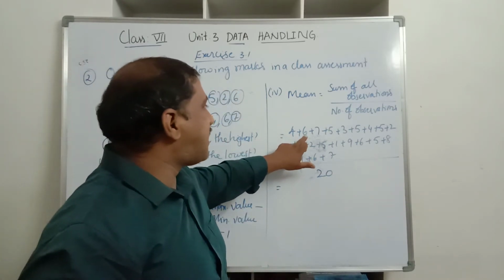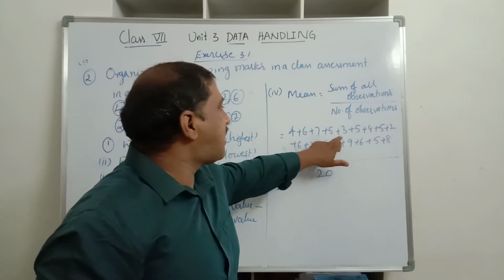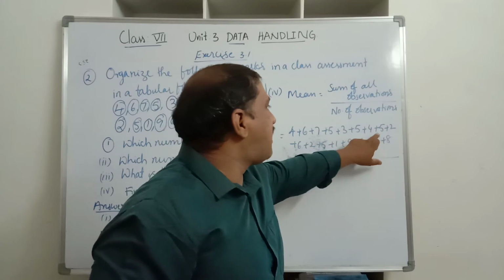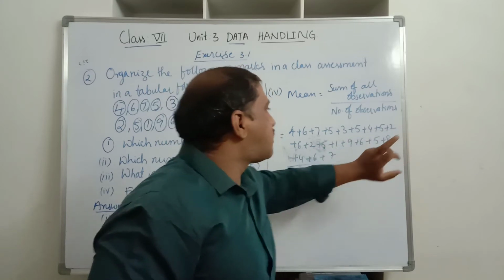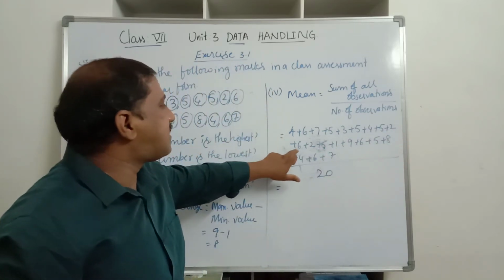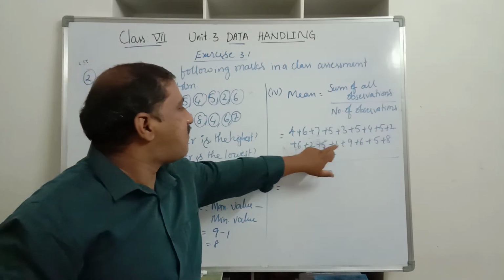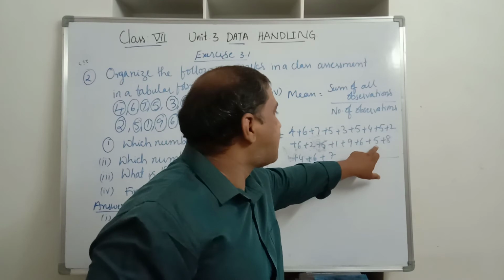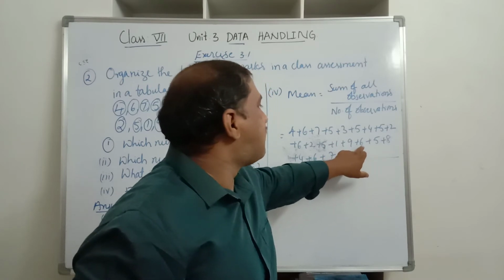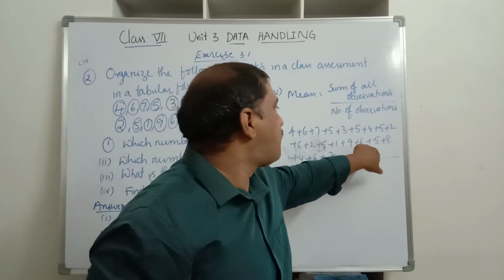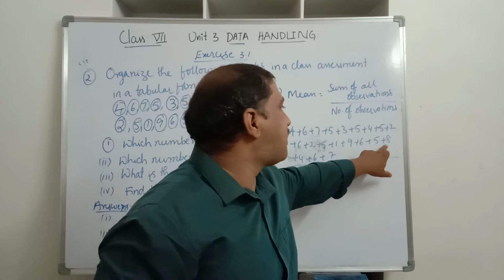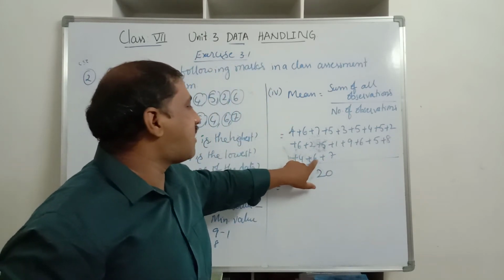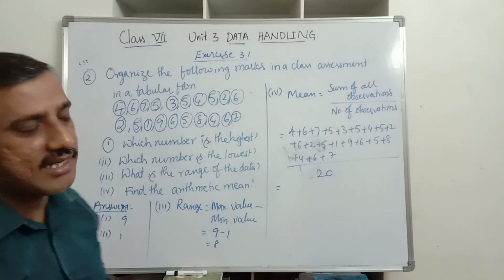4 plus 6 is 10, 7 plus 3 is 10, 10 plus 10 is 20, 25, 13, 35, 39, then 2, the 41, 47, 49, 50, 55, 55, it is 60, 69, 75, 75 plus 8, it is 83, 83 plus 4 plus 6 is 10, 93, 93 plus 7 it is 100.